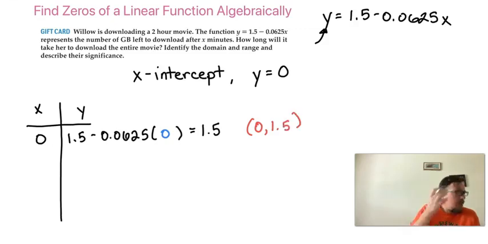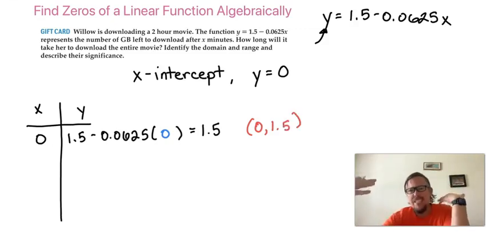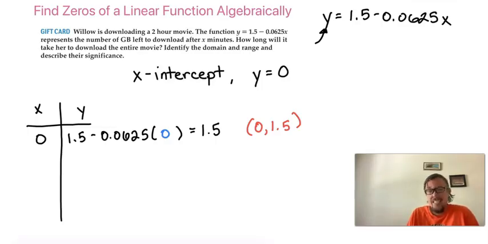Great. Now we have to come up with some other points that we're going to use to graph this, and keep in mind that whatever points we pick are going to get multiplied by 0.0625, which is an unpleasant number to multiply by. So we want to make sure that we're picking numbers that are smart for us to multiply by. One thing that's really easy to multiply decimals by is 10.